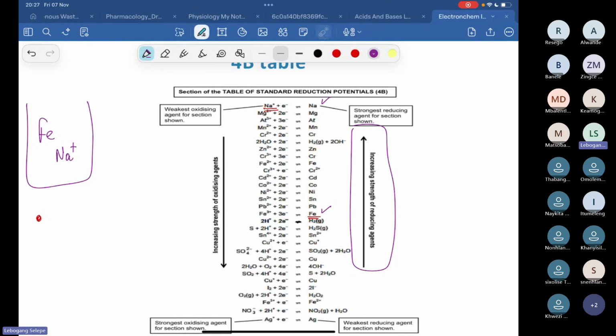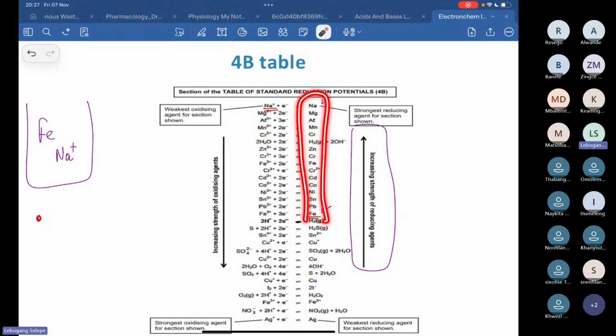So we can't say that Fe has a weaker reducing ability than Na plus. We need to compare things that are on the same side of the table, right?